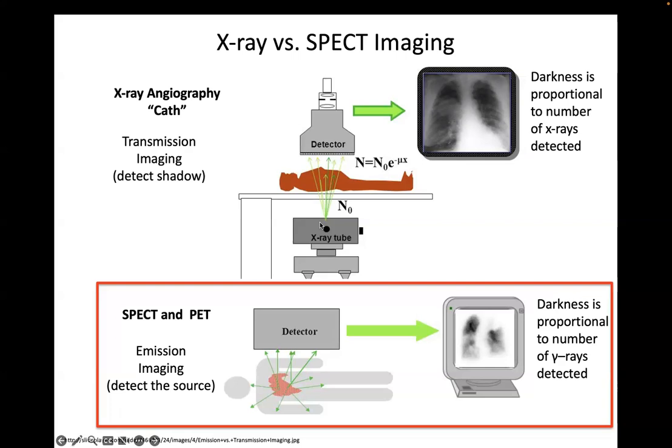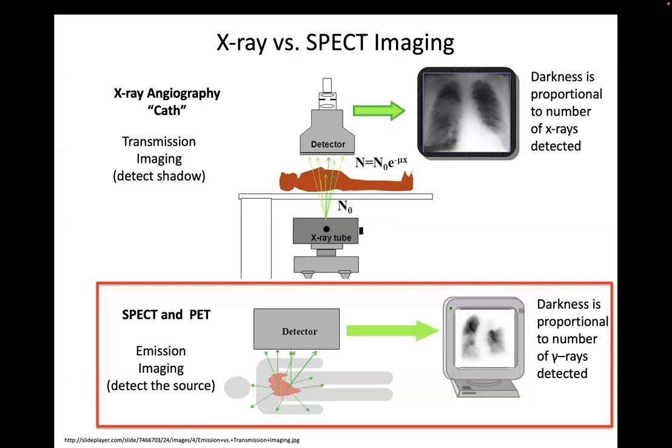And you shine this X-ray light through the patient and look at the shadow cast by the patient with your detector. And so the bright zones in this image of this patient's chest that are seen on the detector are those places in the patient in which a lot of X-ray absorption has occurred.